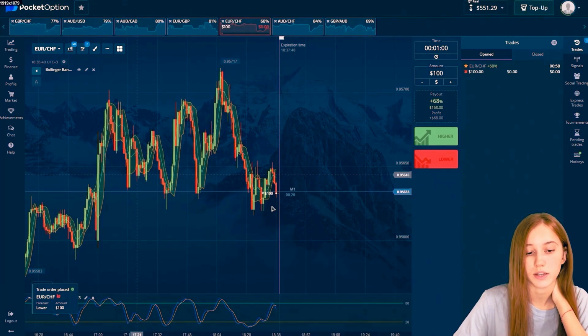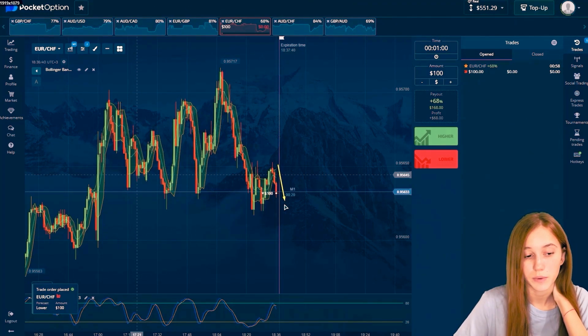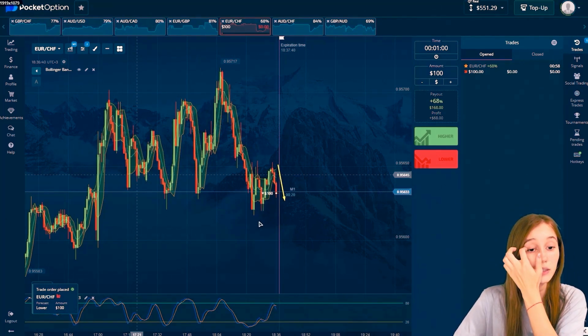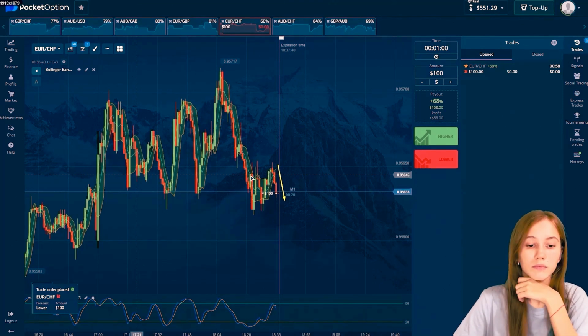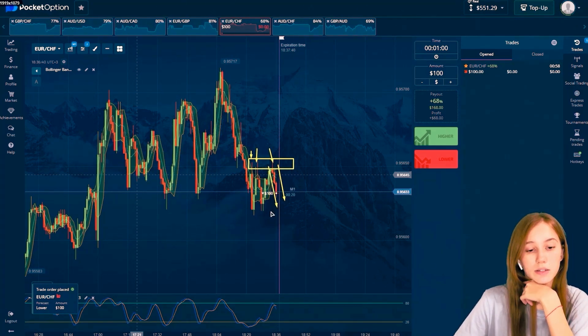Bollinger Bands also say that it's at the lower position, and the stochastic also has a similar situation. Yeah, 12 seconds left until the end of the deal. Let's see. And yeah, this deal closed successfully.